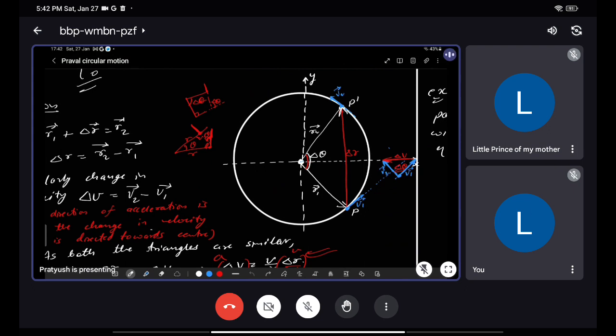Similarly, the angle between the V1 vector and V2 vector will also be delta theta. Why will it be delta theta? Because both are perpendicular to R1 and R2. Getting it? Got it.